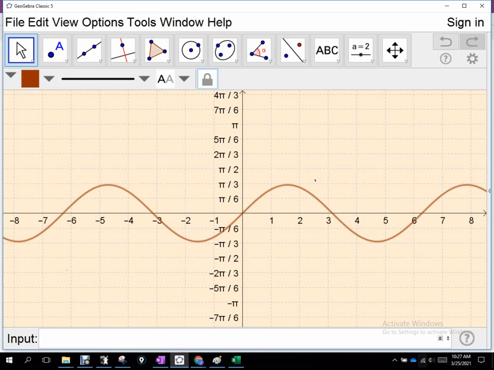And it fails the horizontal line test because if I ask you to give me the x values where y is some number, I'll just choose y to be 1 because it's the easier one here, I think. Give me the x value that y is 1. Are some of you going to give me this x value right here, which would be pi over 2? Are some of you going to give me this x value over here, which would be 5 pi over 2?